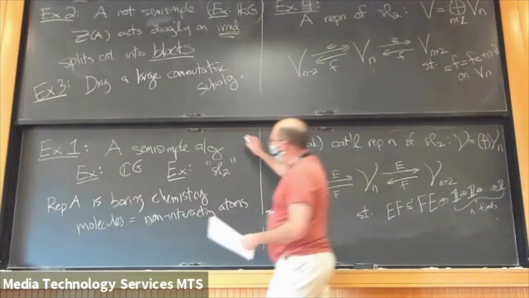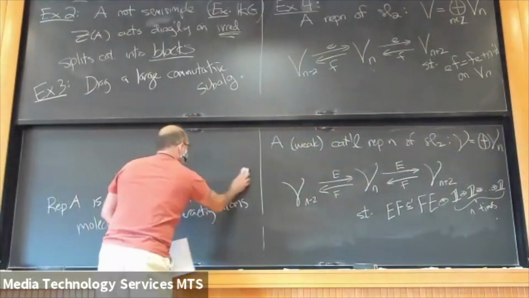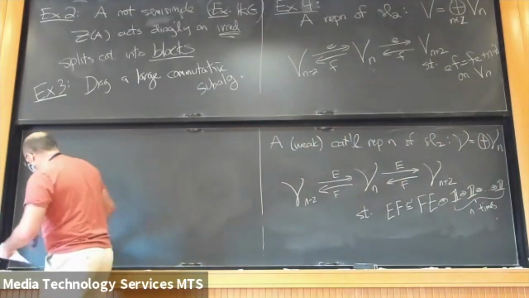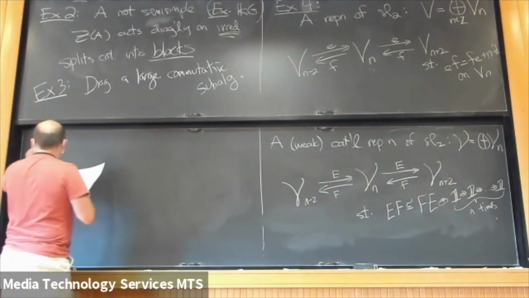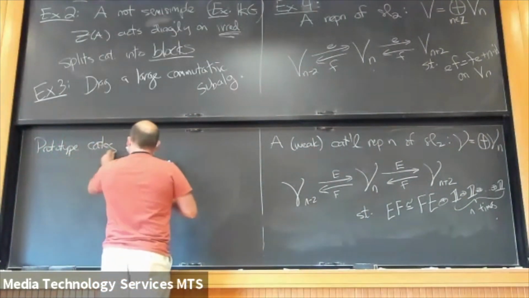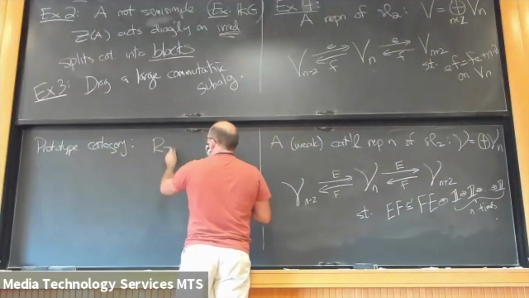So if you're not familiar with categories, basically I want you to keep a prototypical example of a category in mind, and this is good enough. So the prototype category is the category of modules over a ring.